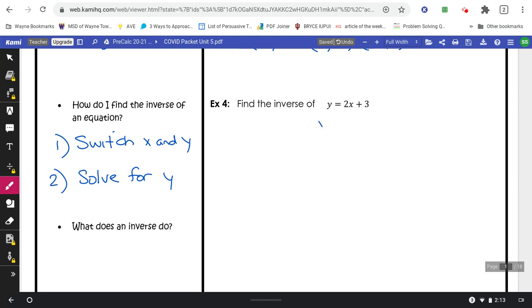So we'll start by switching the x and the y. Nothing else moves. So a lot of people will want to take this 2 that's connected to the x and bring the 2 over here on the left-hand side of the x. That's not necessary. Everything stays. X becomes y, y becomes x. After you've switched them, you're going to solve. So start moving things away from the y.